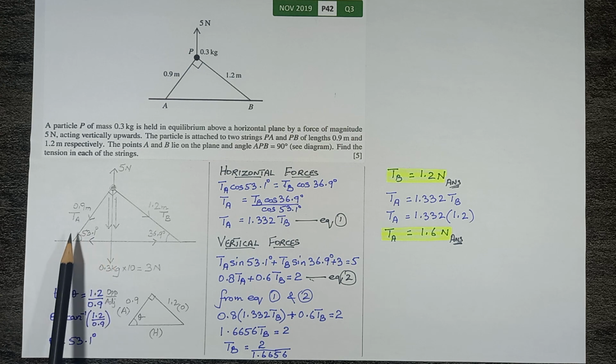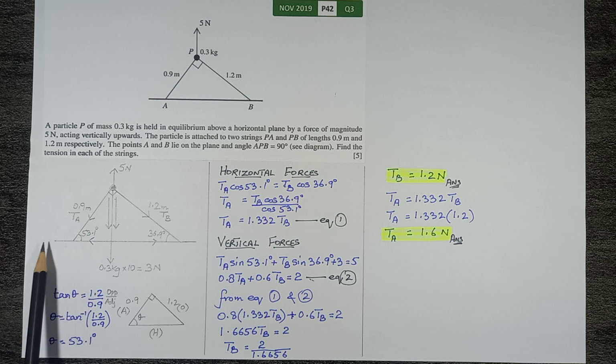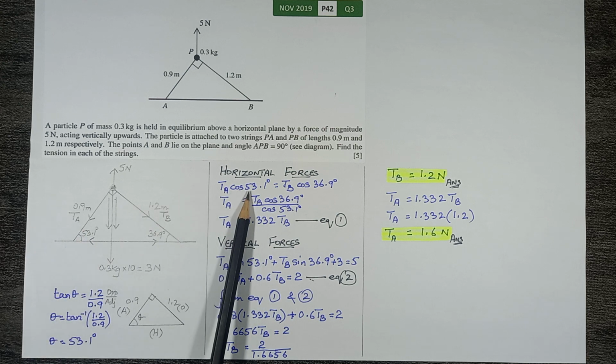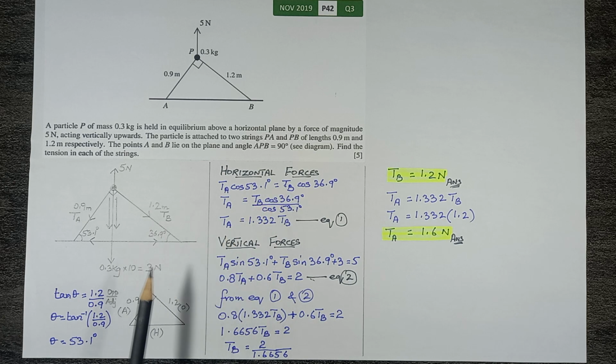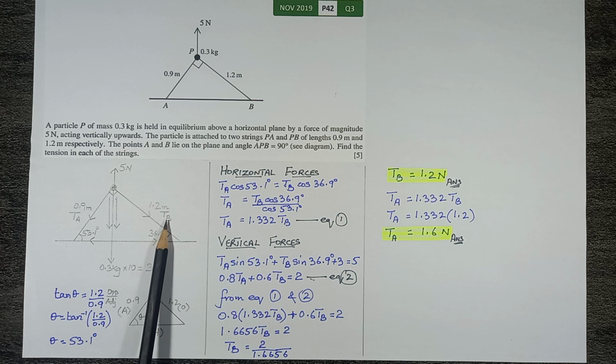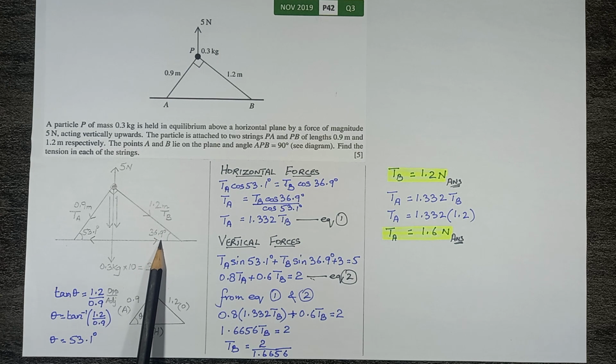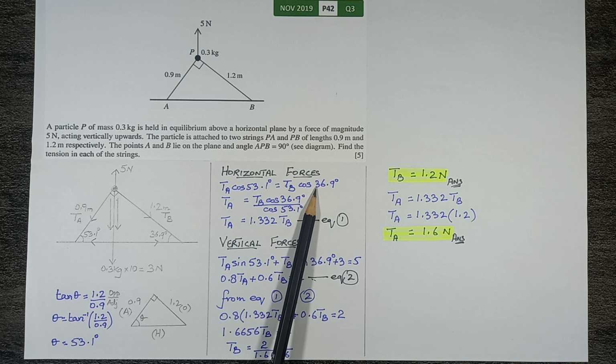So this horizontal force would be TA cos 53.1. It is to the left, so TA cos 53.1. The other horizontal force is to the right, making an angle of 36.9 degree, and this force is TB. So this horizontal force would be TB cos 36.9, which is over here.